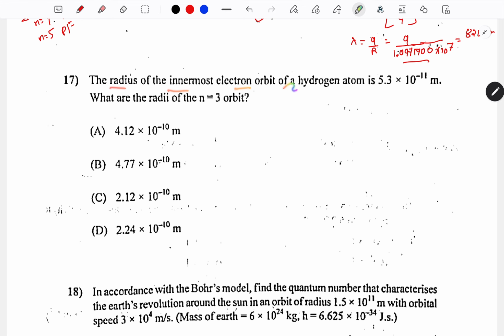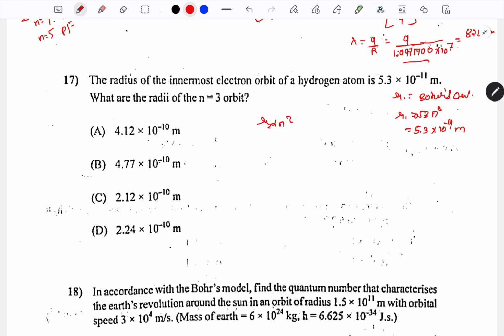The radius of innermost electron orbit of a hydrogen atom is 5.3 into 10 to the power minus 11 meter. What is the radius for n equal to 3? Okay. So for n equal to 3, we know that r is directly proportional to n square, and innermost orbit means r1 is equal to Bohr's orbit, and we know that for Bohr's orbit r1 is equal to 0.53 angstrom, which means 5.3 into 10 to the power minus 11 meter.